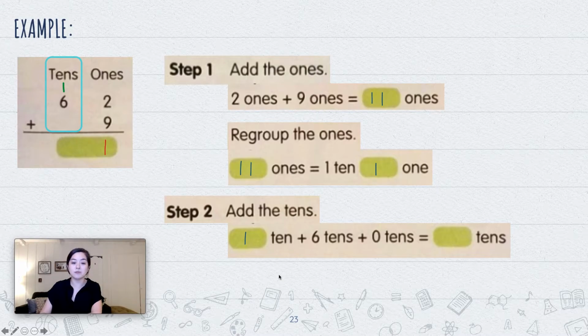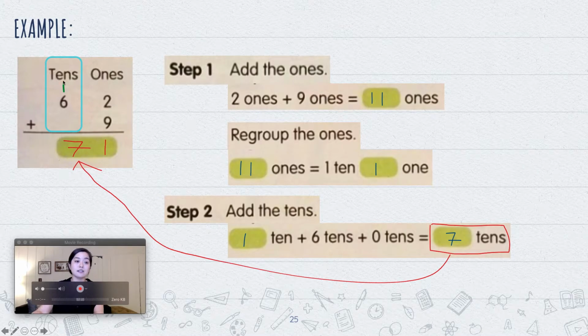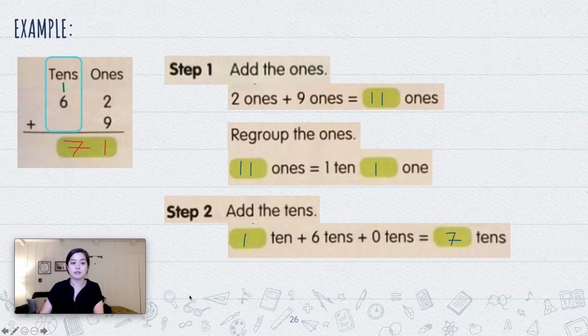So 1 ten plus 6 tens plus 0 tens is 7 tens. Where do we write that? Oh, we write it right there in the tens column in the answer spot. So 62 plus 9 is 71.